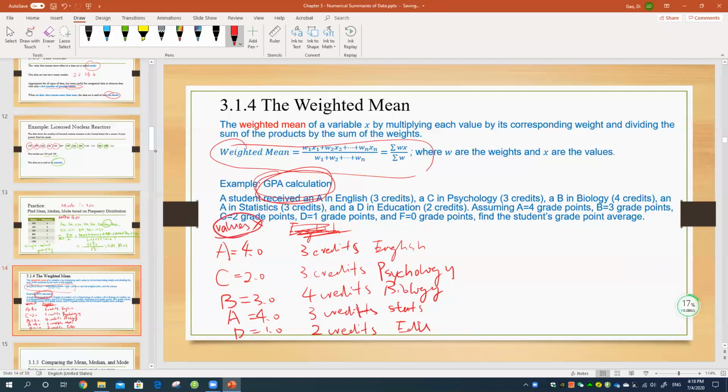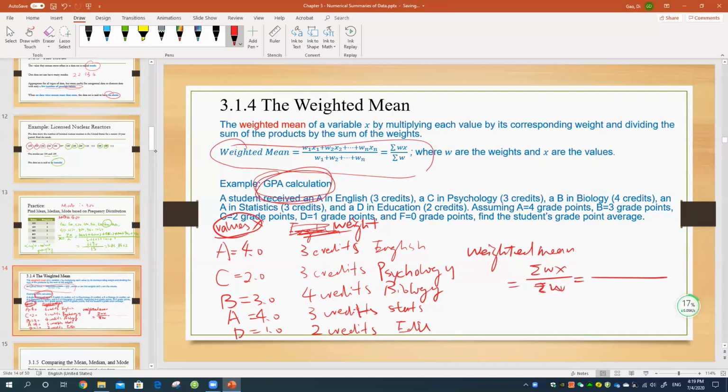So we use X to represent that, and then these credits mean the weight. Now let's just use the formula. Weighted mean equals sum of Wx divided by sum of W.